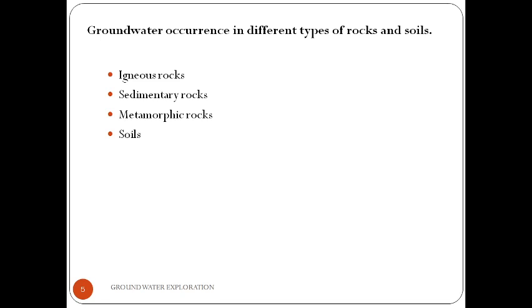Here the different types of rocks are igneous rocks, sedimentary rocks, and metamorphic rocks, and we will look at the occurrence of groundwater in various types of soils. The various types of rock possess variable water bearing properties depending on permeability and porosity.